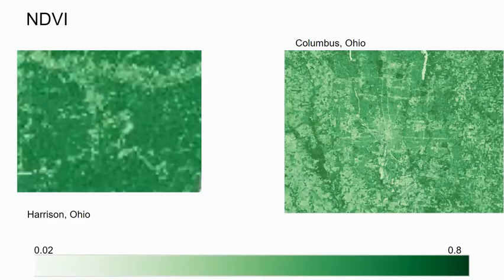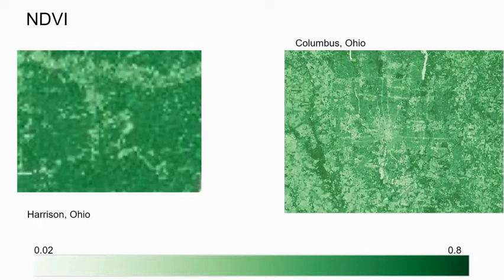So here is NDVI, which is the normalized difference vegetation index. On the scale, the paler green means less vegetation, and the darker green means there's going to be more vegetation.